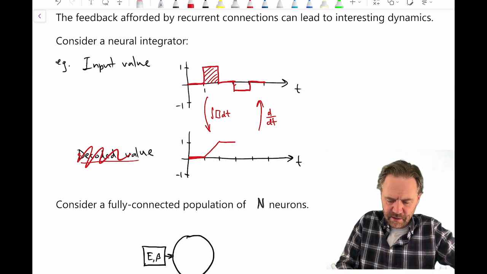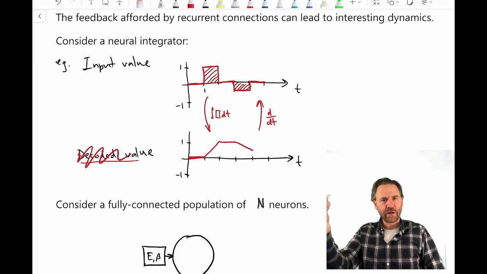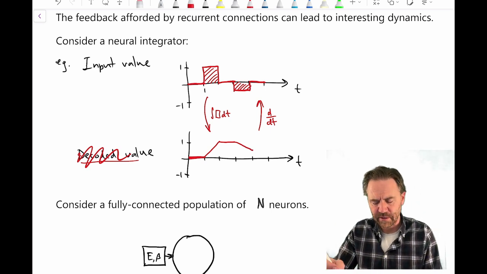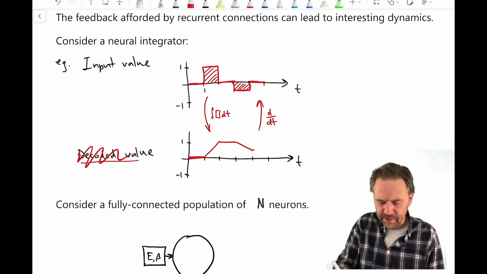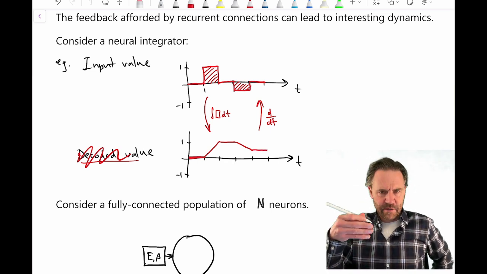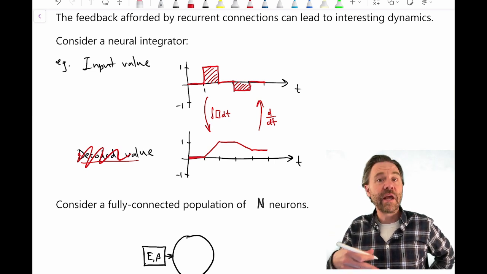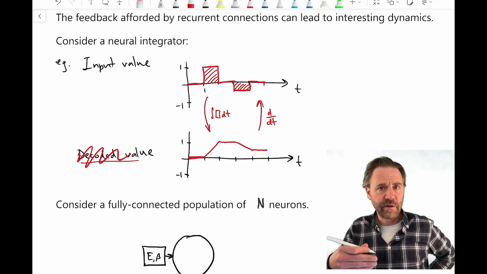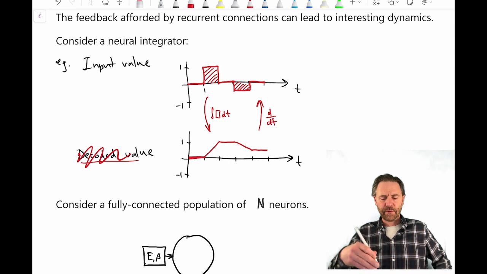For the next second after that, the input is minus 0.5, so this thing is going to go down in value, but after that 1 second, it's only gone down 0.5 in total. Then for the next second, the input is 0 again. So you can see this plot on the bottom is the integral of the plot on top, or if you like, the plot on top is the derivative of the plot down below.